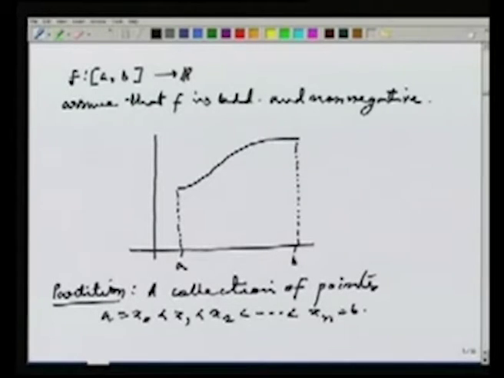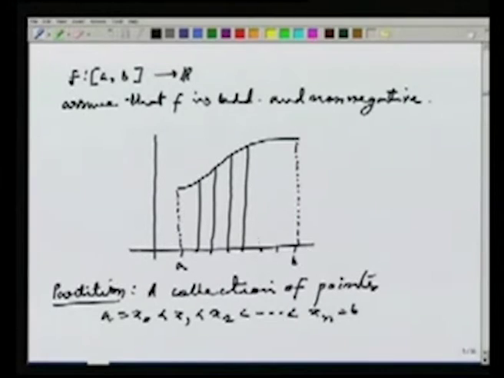That is, it is a collection of points between a and b. So what I do is I mark them. Let us say these are the partition points. At these partition points, I first draw vertical lines until they intersect the graph of the function. I go on doing this at each of the partition points.